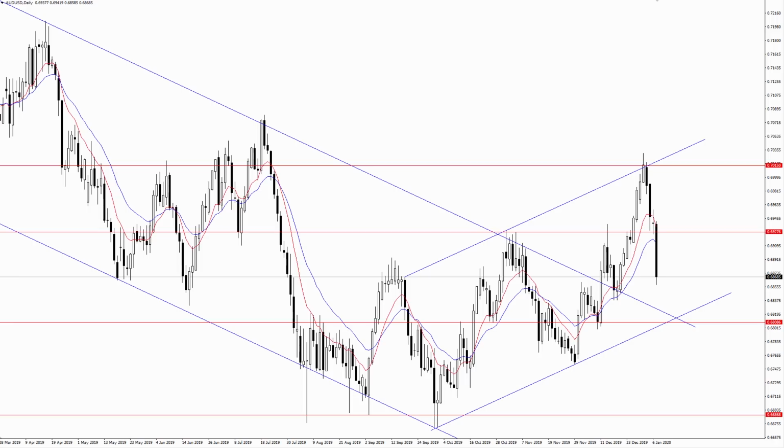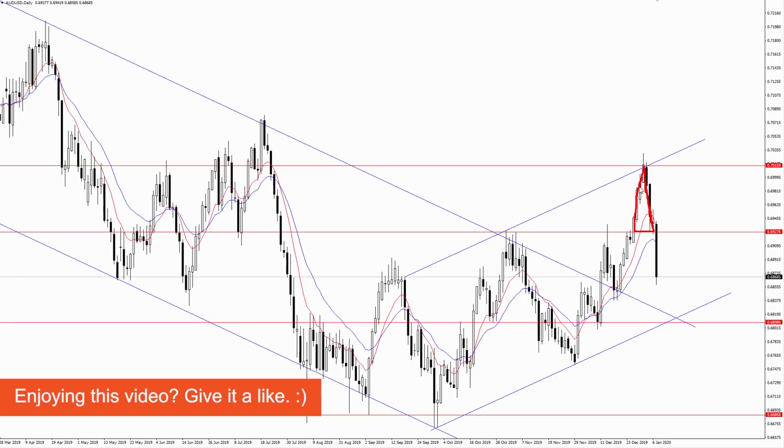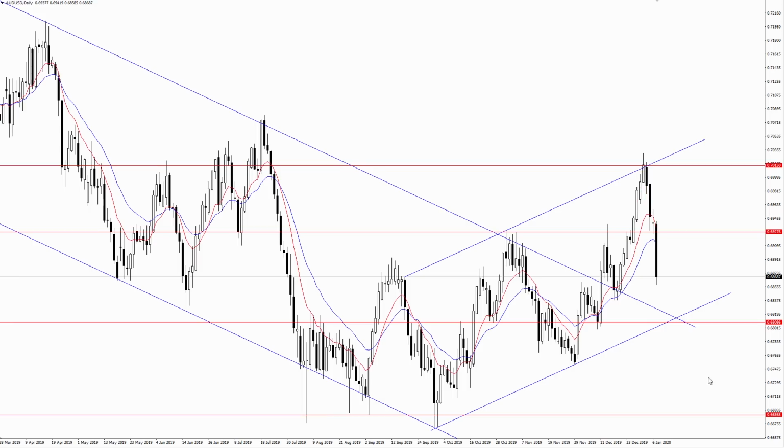But notice how aggressive this pullback has been. Even this pullback to 69.30 was incredibly aggressive, and you can see that just by the limited amount of space between this rally and the pullback. You can see where the Australian dollar did pause at 69.30 on these two candles, but today's session is well off of that level.